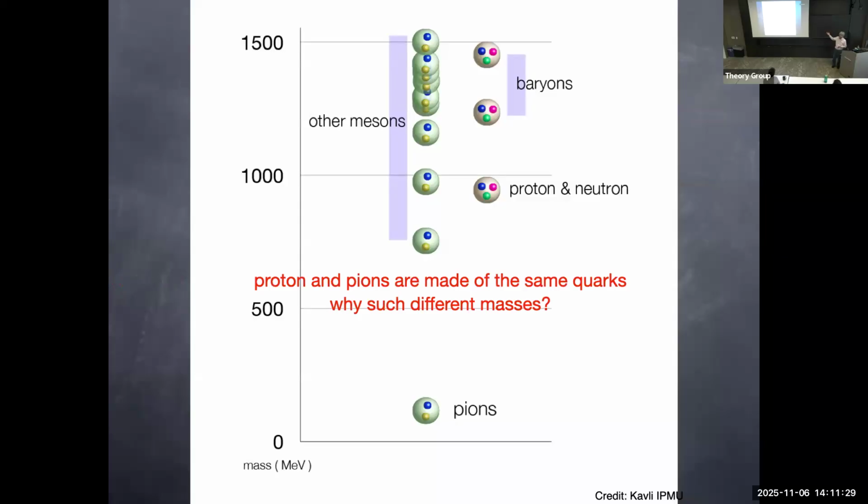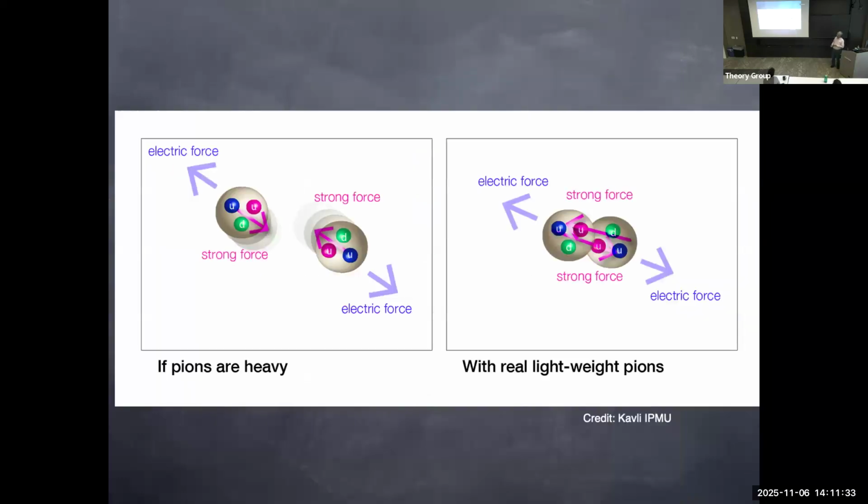But before getting there, if pion were not so light, think about the strong force from a proton acting on a neighboring proton and neutron inside the nucleus. If pion is heavier, it doesn't go very far, not even to the next proton inside the nucleus, so they do not get bound, despite what Yukawa told us about this interaction.